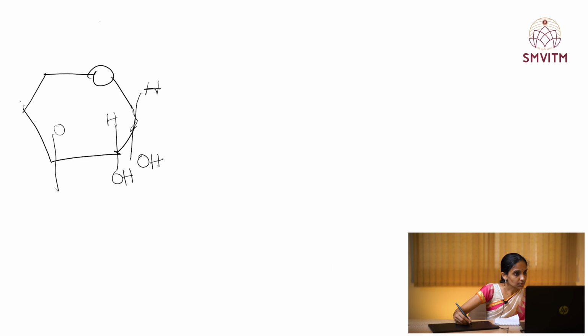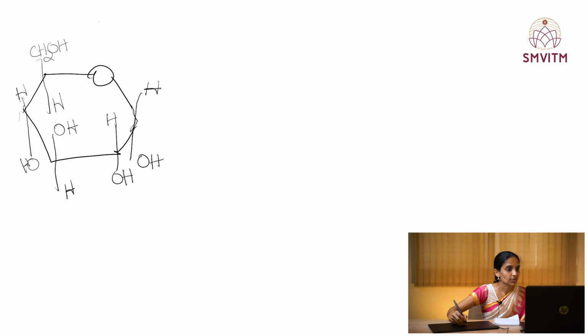Okay, third carbon you know very well, it is OH, H. Is it not? And the 4th carbon is again H, OH. 5th carbon has CH2OH and H. I have to write one more such glucose unit.